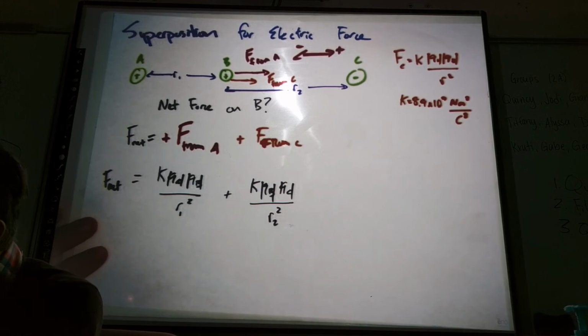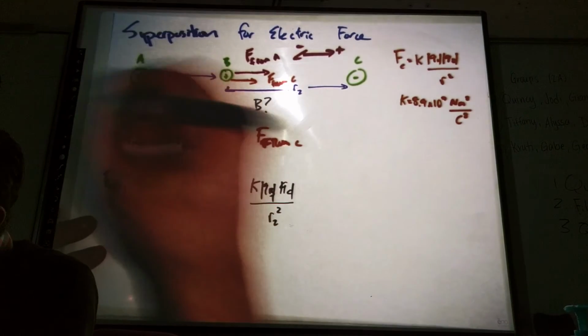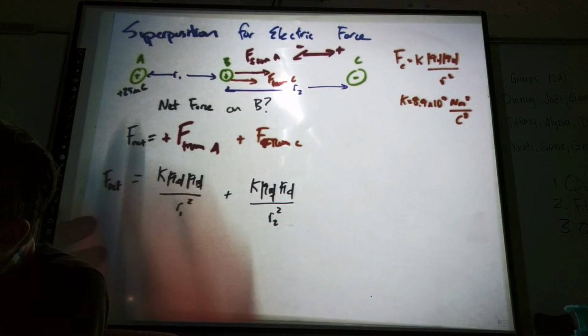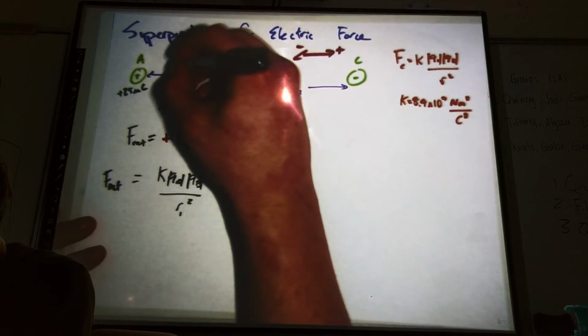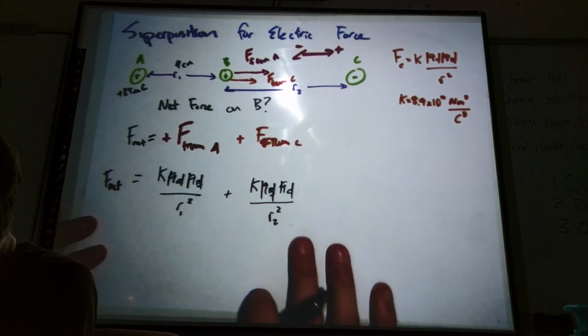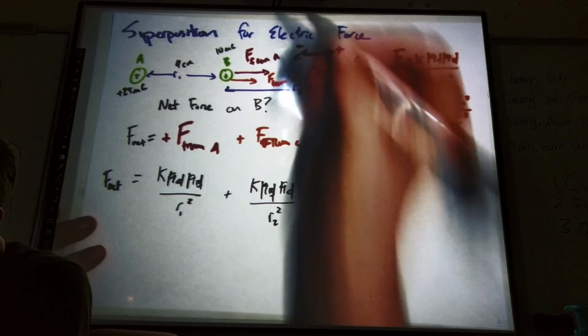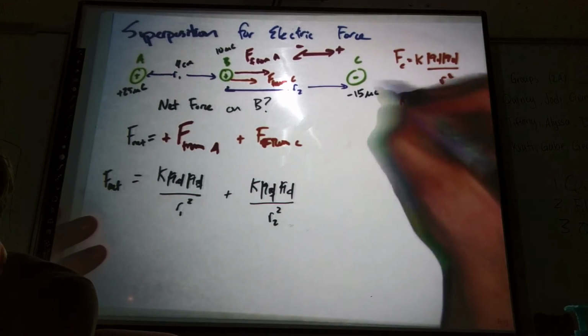So if I wanted to, I could make this a quantitative problem, and I could say, well, maybe this is positive 25 microcoulombs. This is micro, which means 10 to the negative sixth. Maybe this is 4 centimeters. Maybe on B we have a charge of 10 microcoulombs, and over here we have negative 15 microcoulombs.